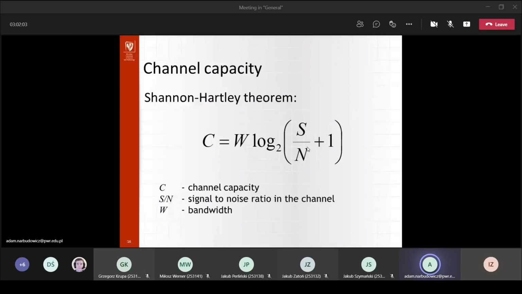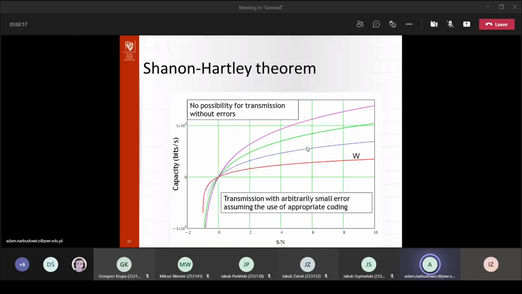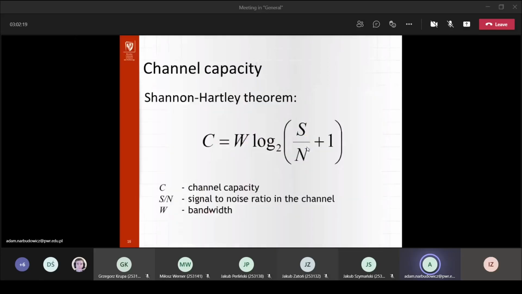And W is our bandwidth. By bandwidth, we mean the difference between the upper and lower frequency over which we are allowed to transmit our signal. And basically, what this channel capacity equation means in practice.